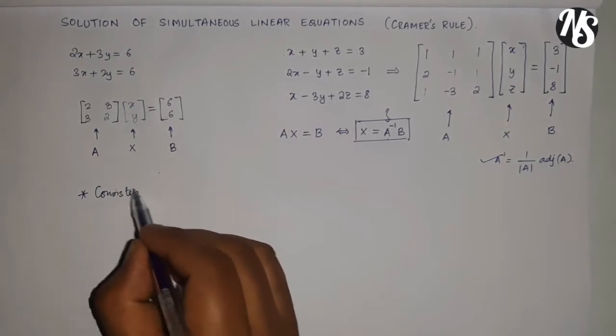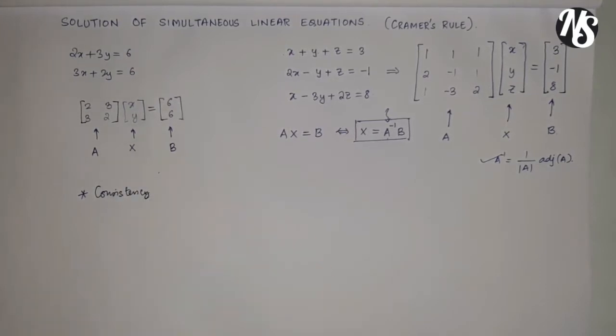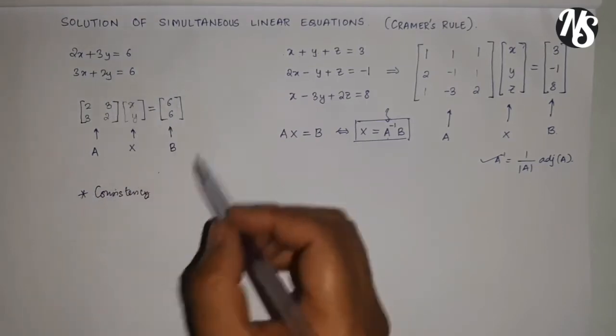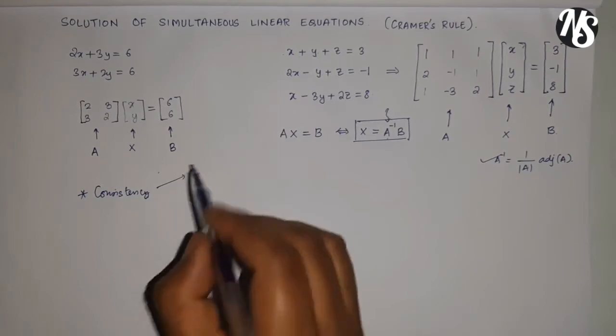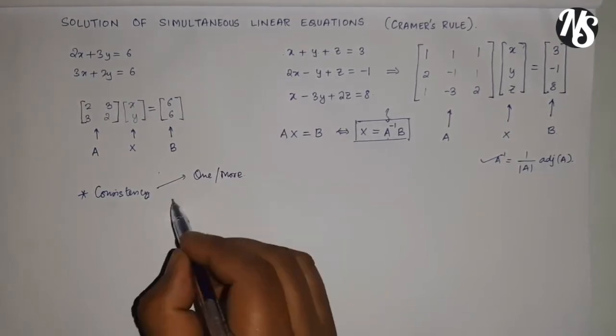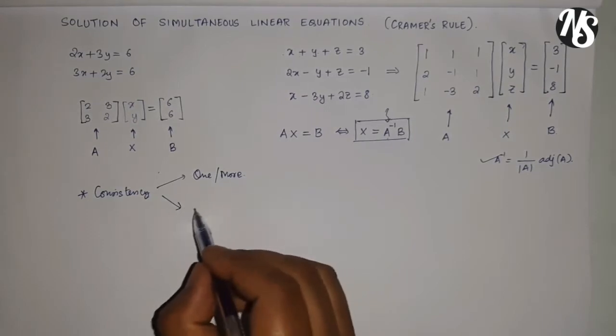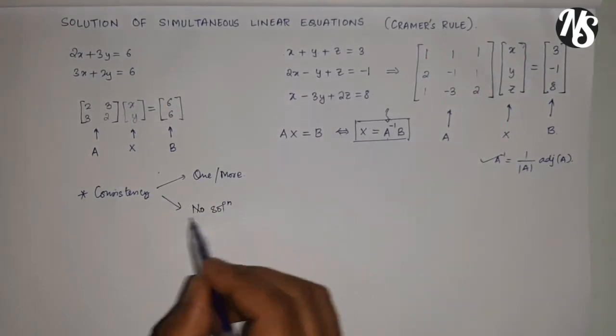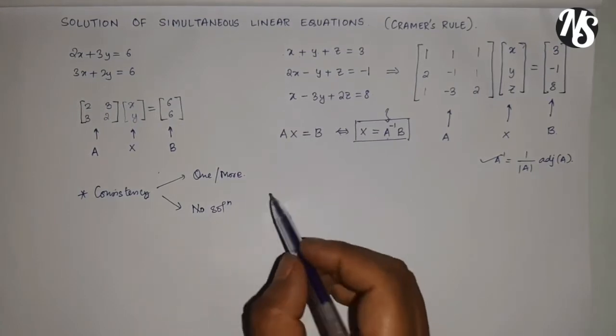Consistency. Now when you solve the equations, you may have one or more solutions, or else you may not have any solution, that is you may say that you have no solution, right?